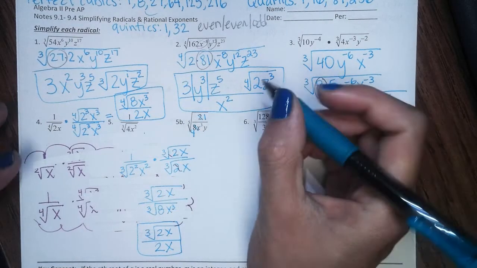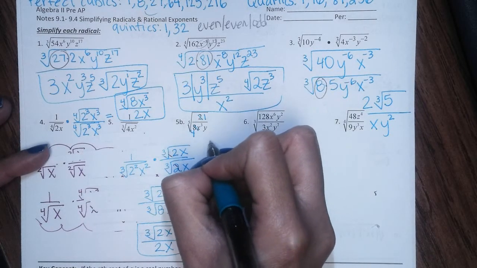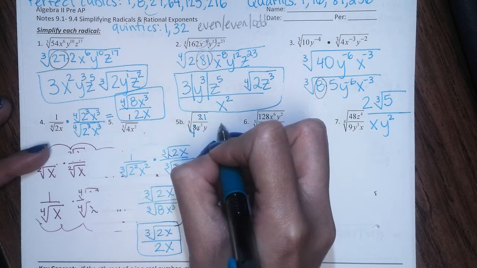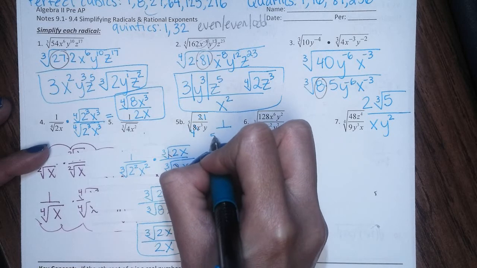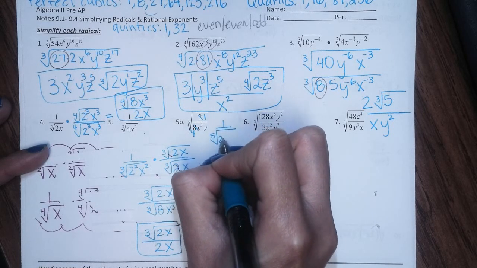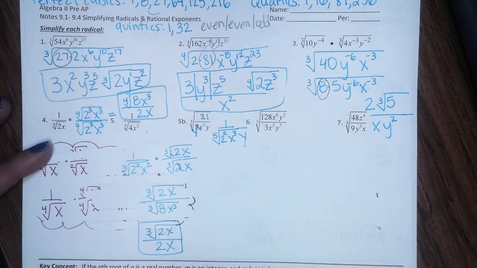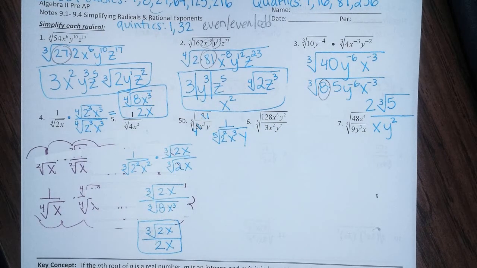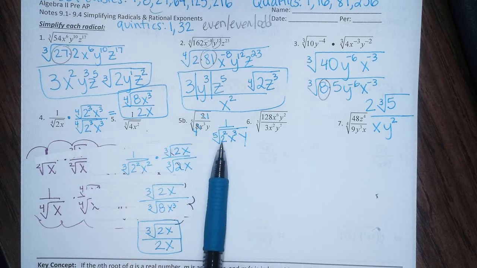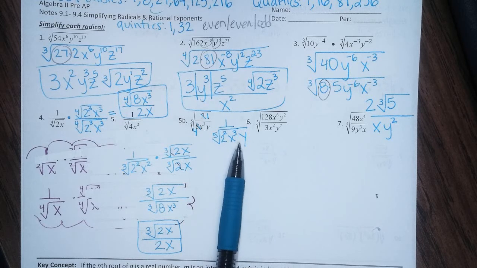Basically number 5b, you are rationalizing 1 over the 5th root of 2 squared x cubed y. So it became 1 divided by the 5th root of 4, but I always like to write it as 2 squared, times x cubed times y.